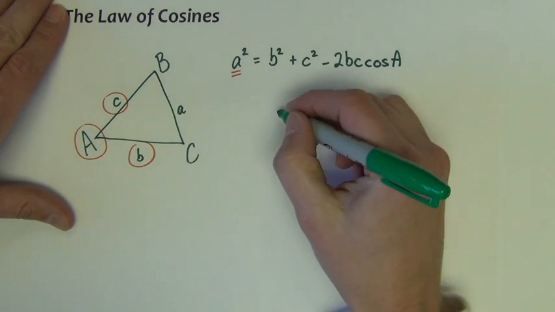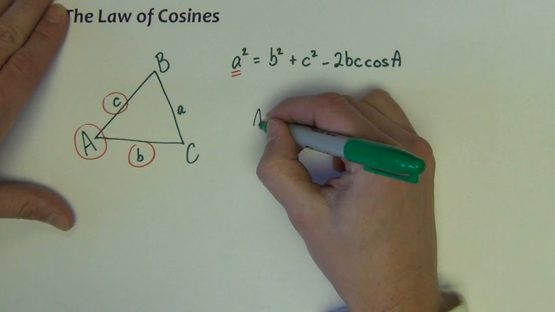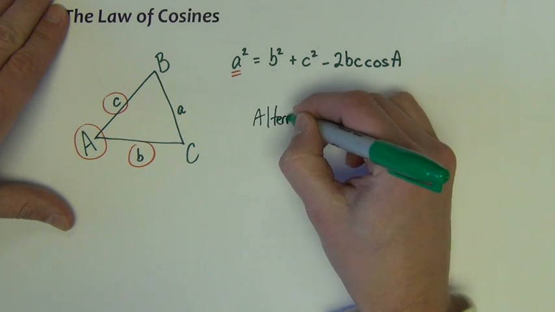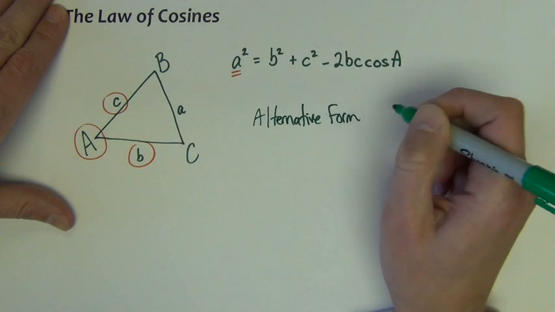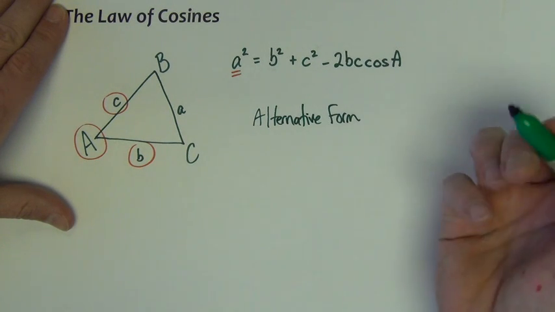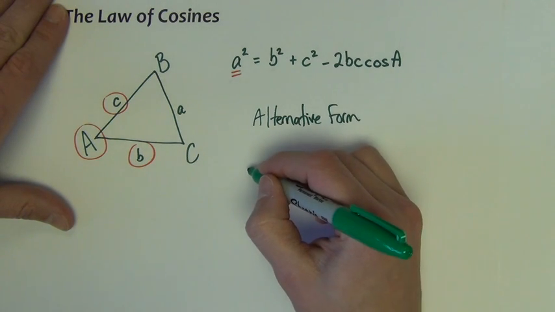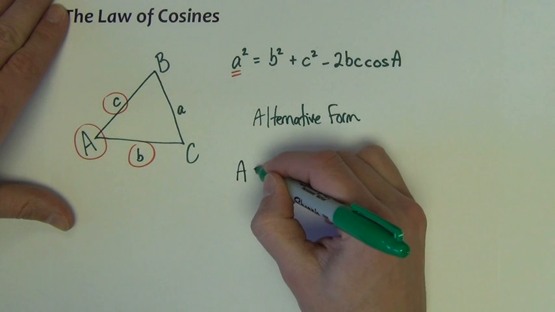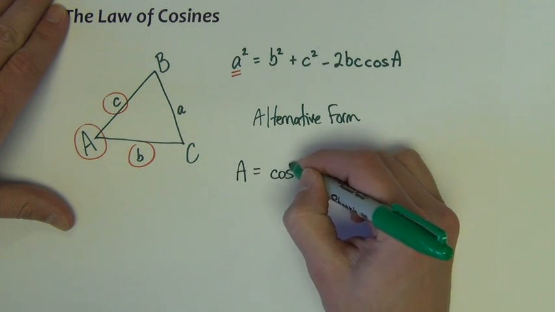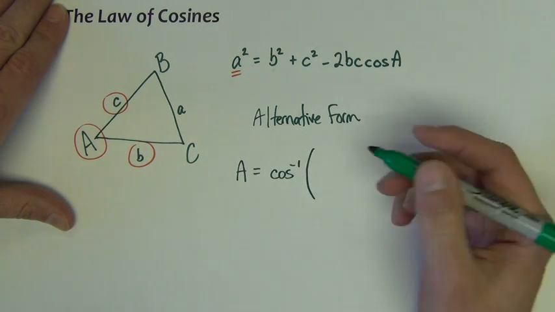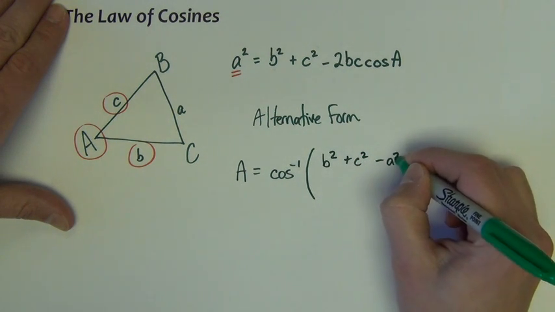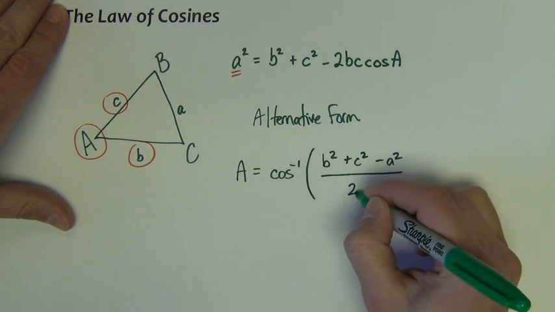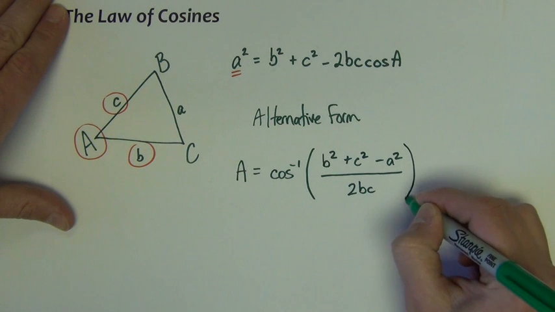Okay? There is an alternative form that is solved for the angle instead. It says that angle A is equal to cosine inverse of b squared plus c squared minus a squared over 2bc.